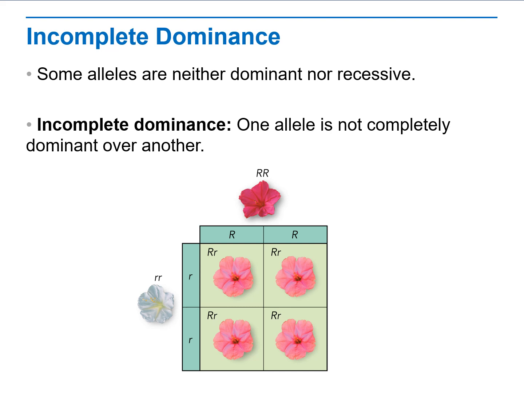In the bottom right corner, you would get a white flower with 2 recessive alleles, and in the other 2 boxes, you would get more heterozygous plants, which would turn out to be pink. So your ratio would be 1 red to 2 pink to 1 white.